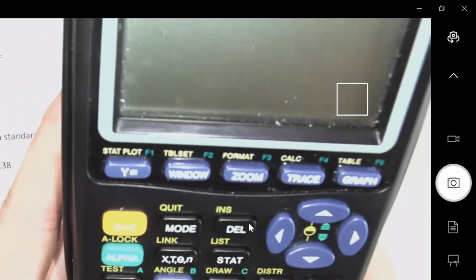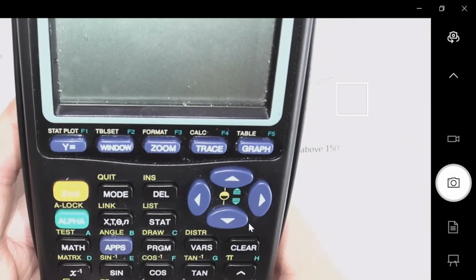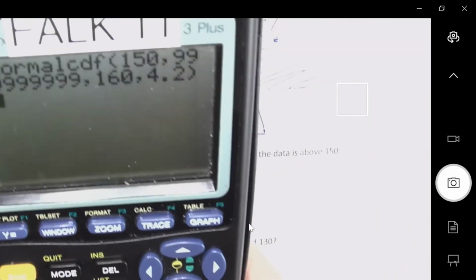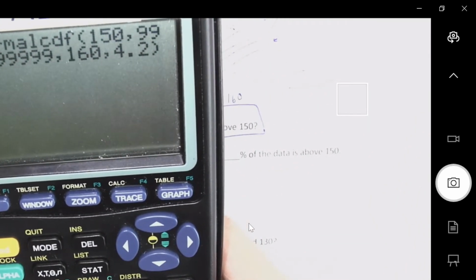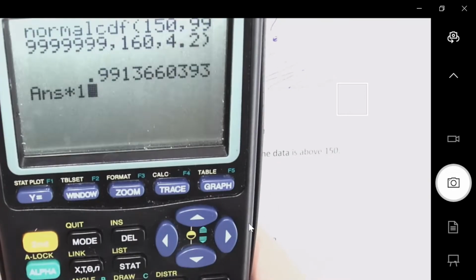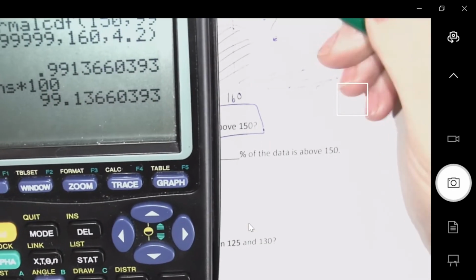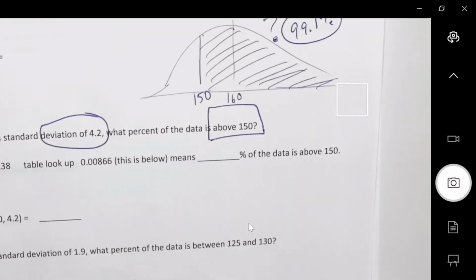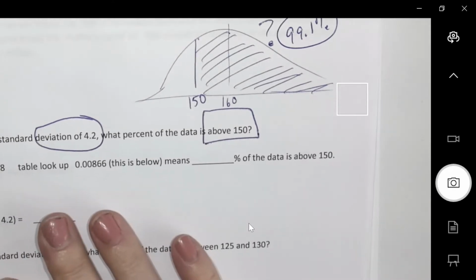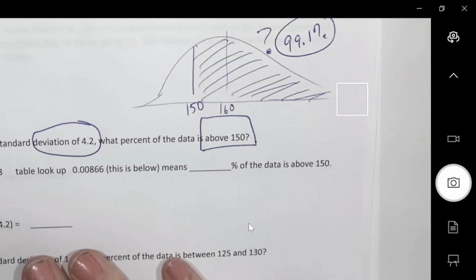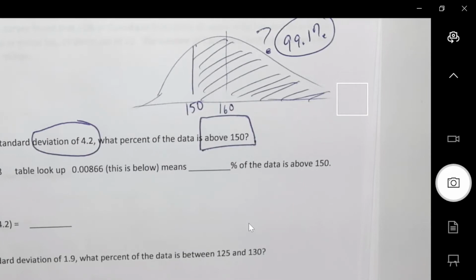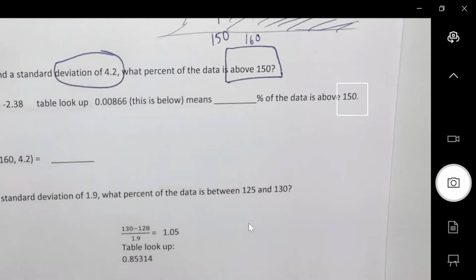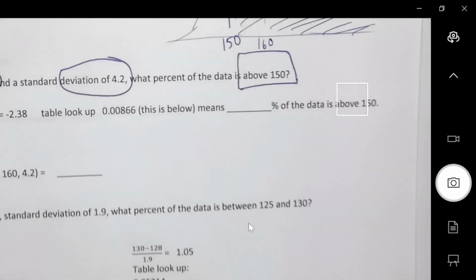I have a mean of 160, comma, standard 4.2. Times 100. So 99.1% of the data is above that. All right, one more example, and then I'll let you try some.